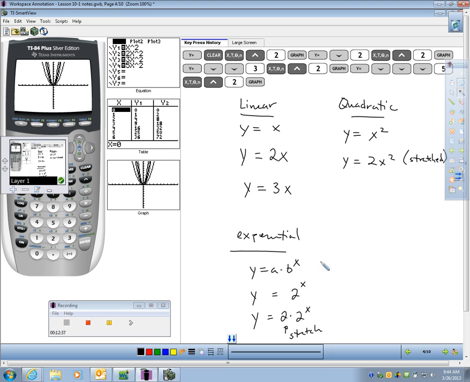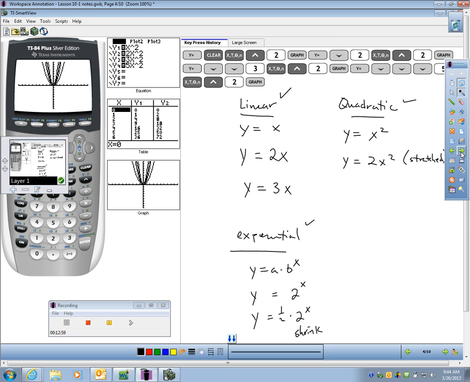If I put a fraction in front, like a half, that would just shrink the graph, just like what is occurring here. Okay? So we have seen what I'm talking about here in linear equations. We've seen them in exponential equations. Now we're looking at them in quadratic equations. So we've seen instances of this many times over now.